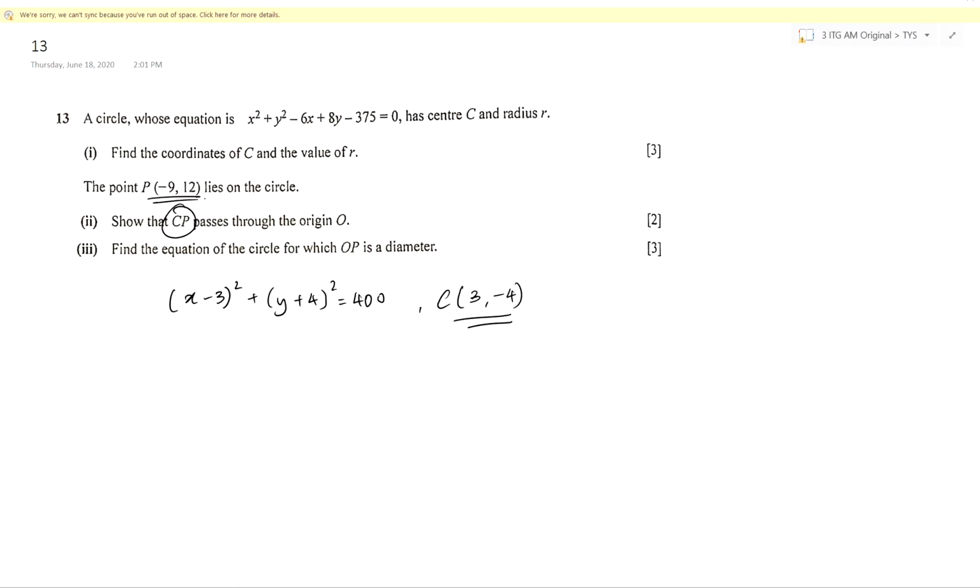But over here, we expect the y-intercept to be equal to 0 because they want us to show that it passes through the origin. So let us start with the gradient of CP. Using y2 minus y1, so negative 4 minus 12 over 3 minus negative 9. Here we obtain negative 16 over 12, which is negative 4 over 3.